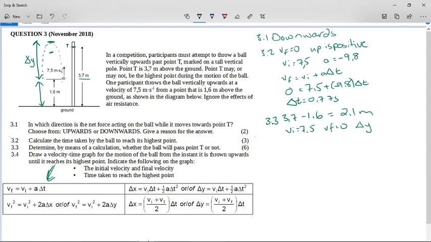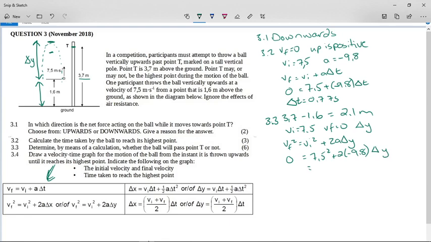But in this case, we can use the final velocity squared equals the initial velocity squared plus 2a delta y. Remember, we put the delta y in because the ball's going up. So the final velocity will be 0. The initial velocity will be 7.5 squared plus 2 times negative 9.8 because the acceleration is downwards, times delta y.